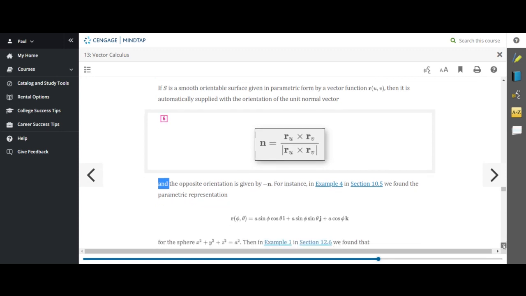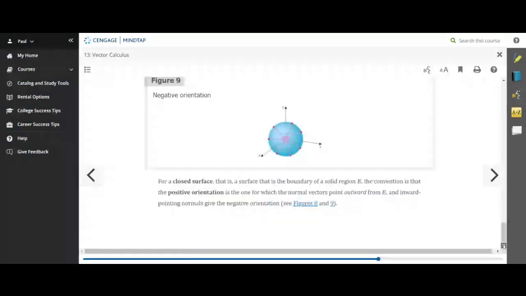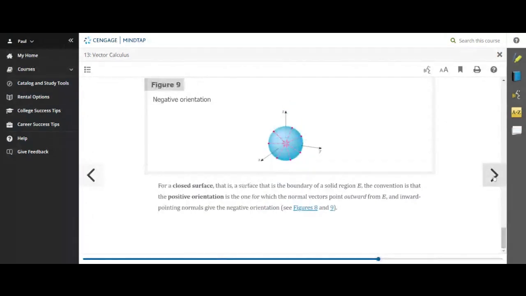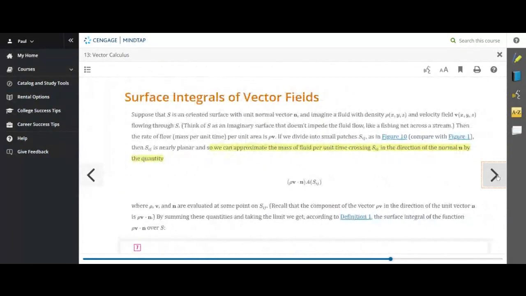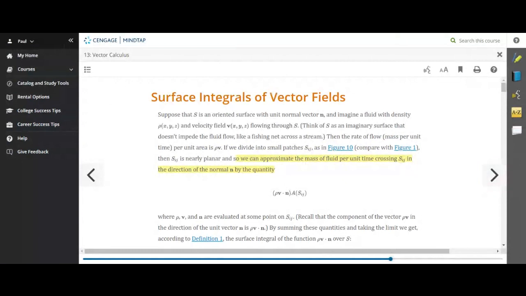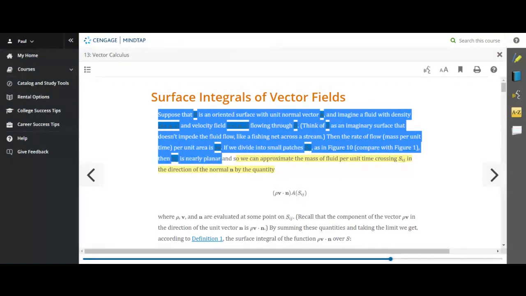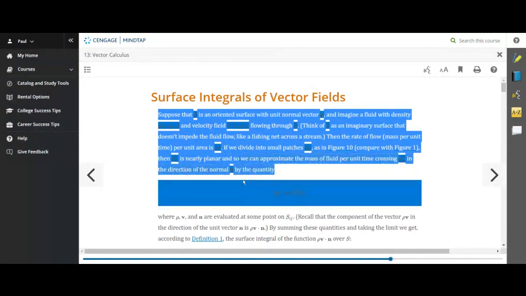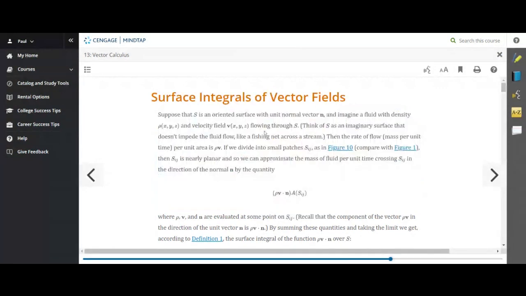We get to the next page, and they talk about surface integrals of vector fields. They have a lot of things they're talking about here.